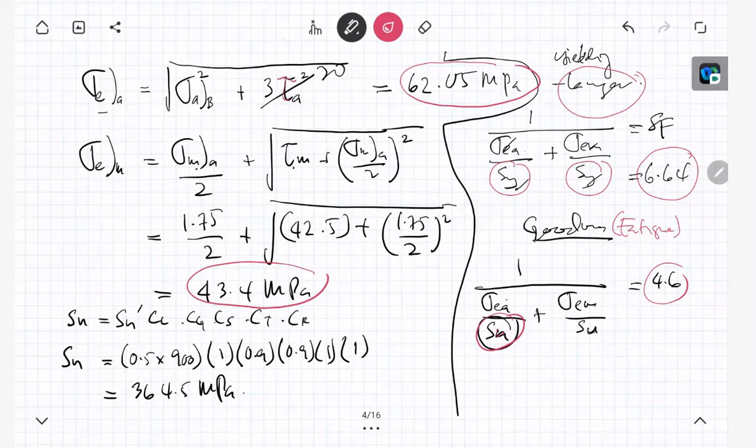If there are other alternating stresses, you have to combine them. If not, just use that one, because the torsion is zero, this is zero, and if we don't have this value, just zero.